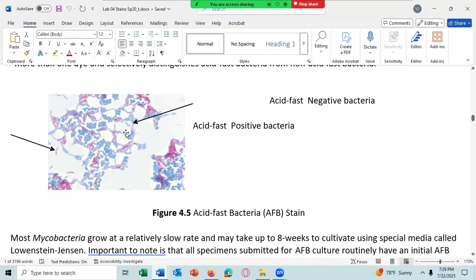And then the greenish or bluish cells are acid-fast negative cells. So this is probably from somebody's sputum, and acid-fast positive from maybe Mycobacterium tuberculosis. And then those would be other bacteria in the person's mouth or throat, which are acid-fast negative.